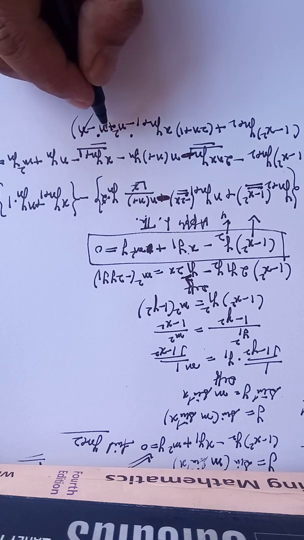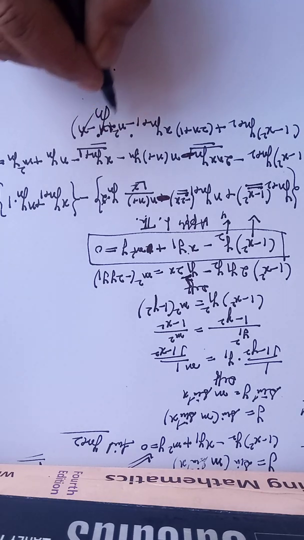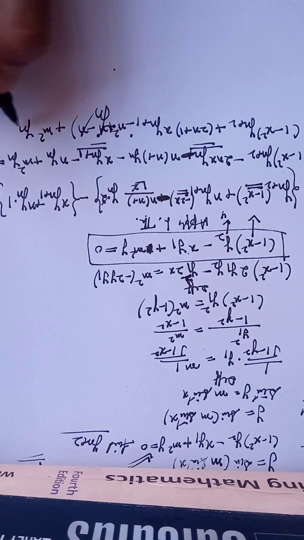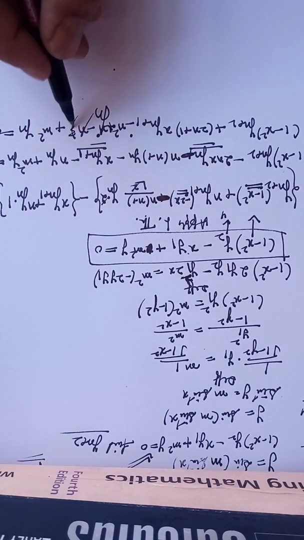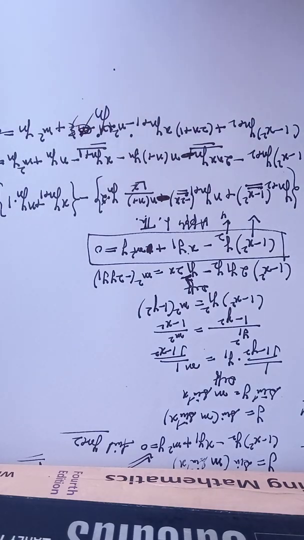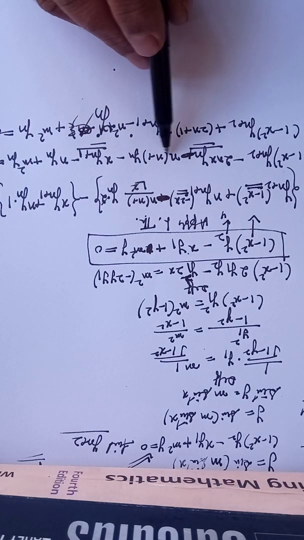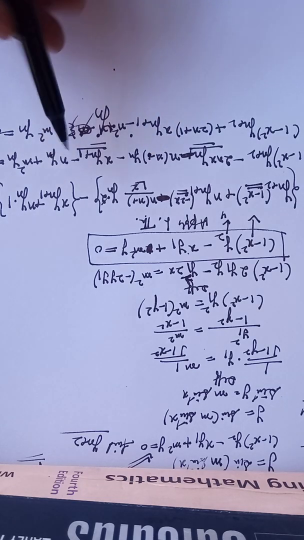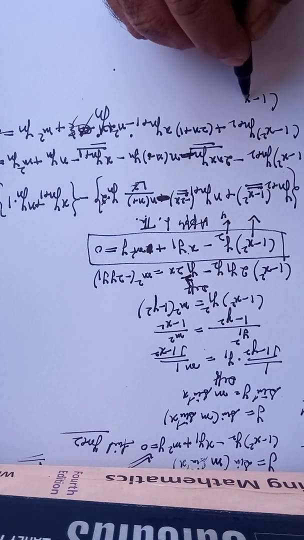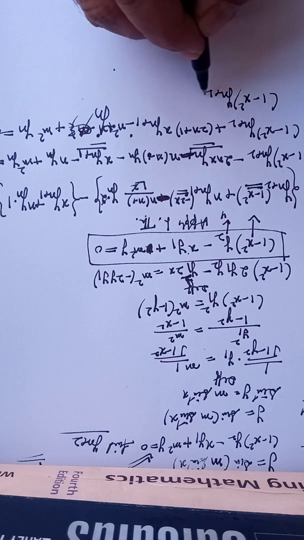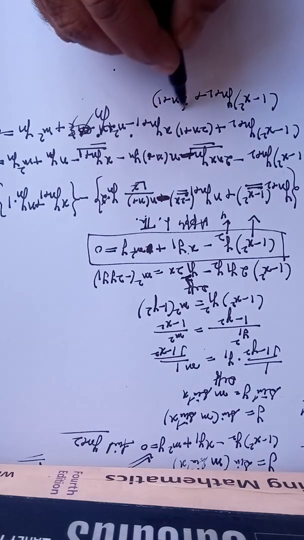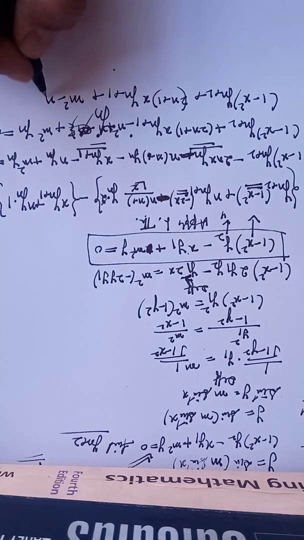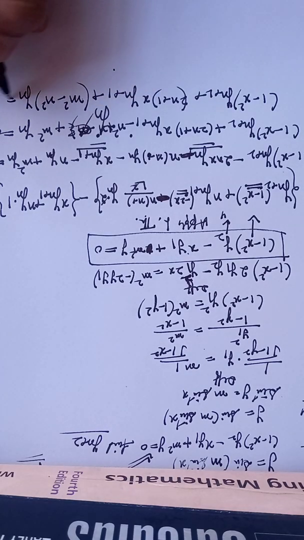Let me write it as y and yn minus n square yn plus m square yn is equal to 0. This is n square minus n plus n minus n, so this goes. What remains is 1 minus x square yn plus 2, 2n plus 1 x yn plus 1, then m square minus n square yn is equal to 0. This is it.